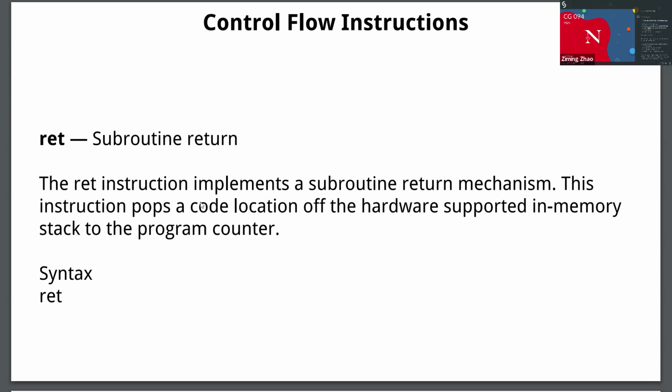On the call slide, what were the three syntax usages? It says call label, call register, and call mem. Yeah, memory address. How is that different from label? Label can only exist at the assembly language level. Let's say you have a label for a function, like the main function, or a label for a memory location.